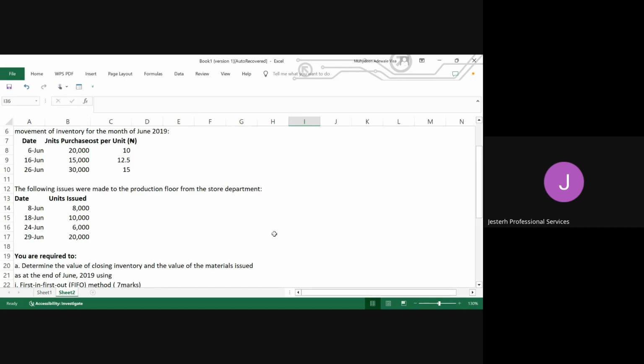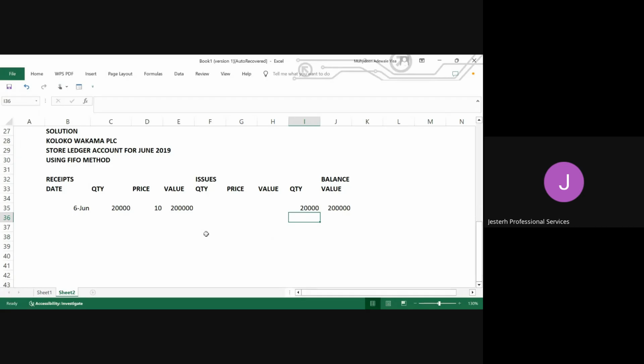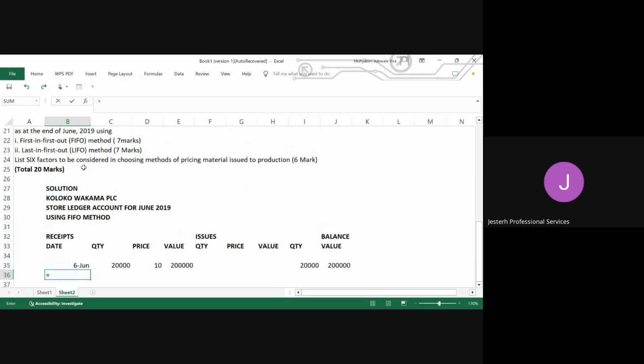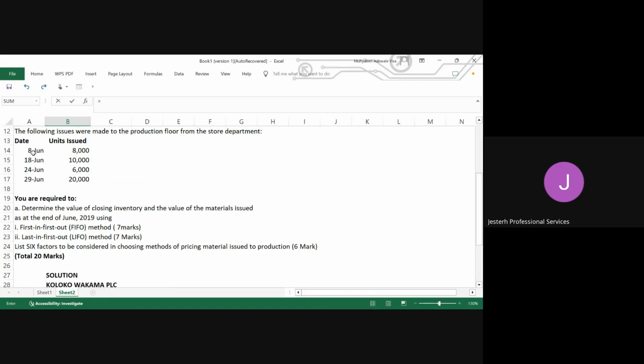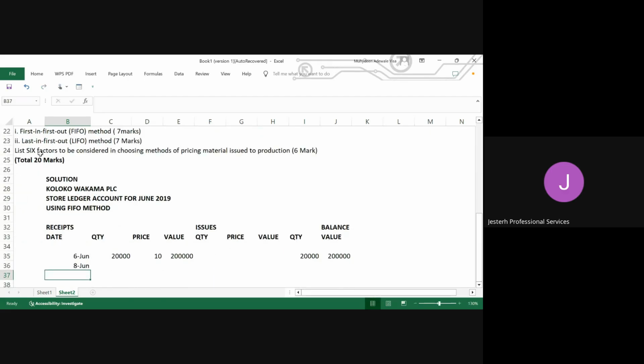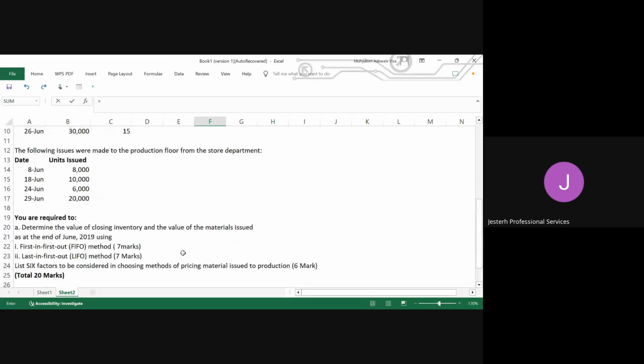On the 8th of June, they decide to issue out of these particular products. Remember that the method that we are using is first in, first out. It means whatever comes in first is what we are going to give out first. How much did they issue?